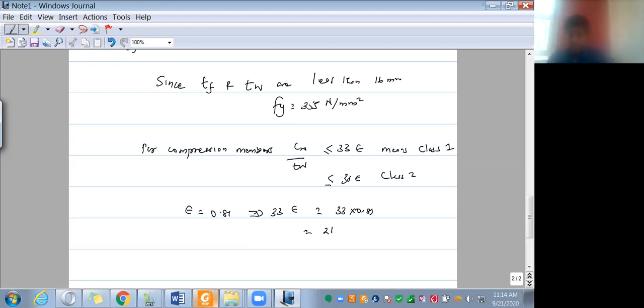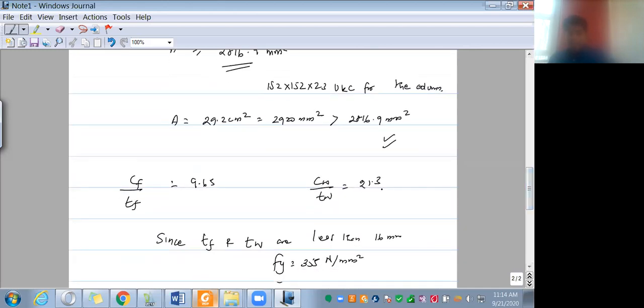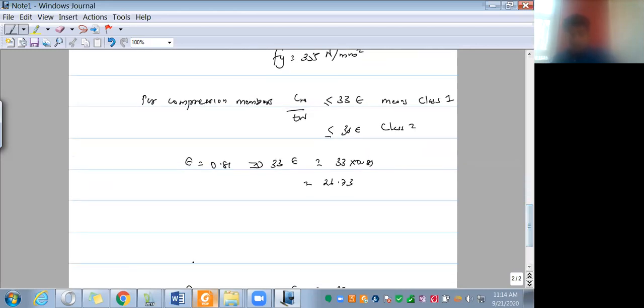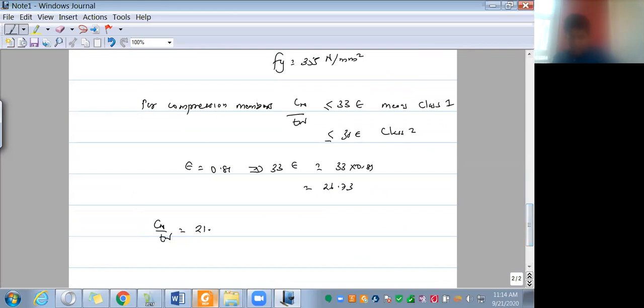So 26.73 is 33 epsilon. So if our Cw over tw is less than that, then it is class 1. So Cw over tw is 21.3, less than or equal to 26.73, and then the web is class 1.